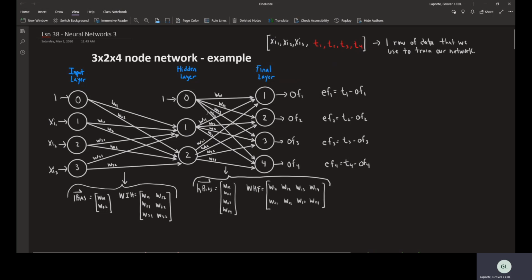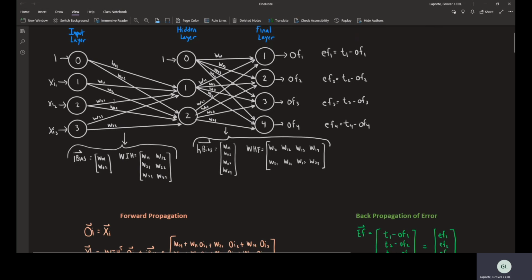So if this is what our network looked like, then the things that would pop out of this would be, first, that vector that represents our I bias vector, and our WIH matrix, which represents the weights going from the input layer to the hidden layer. Again, remember, this WIH matrix has the number of rows corresponding to the number of input nodes, and the number of columns corresponding to the number of hidden layer nodes.